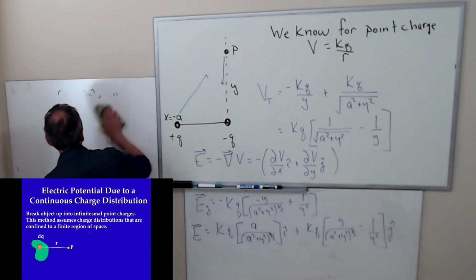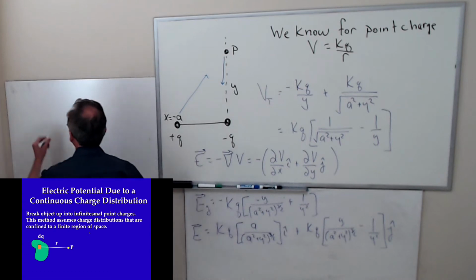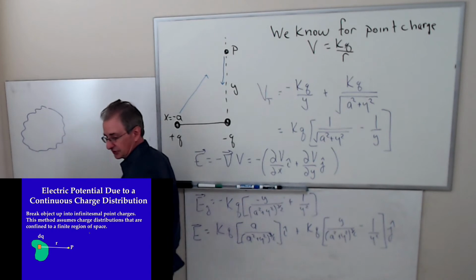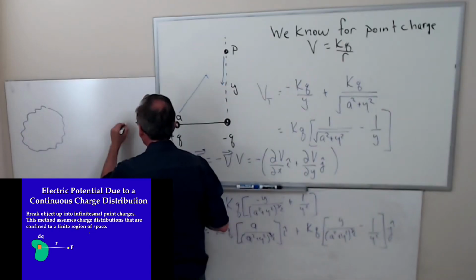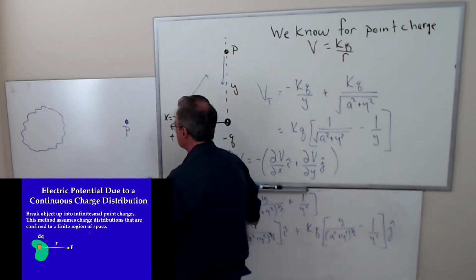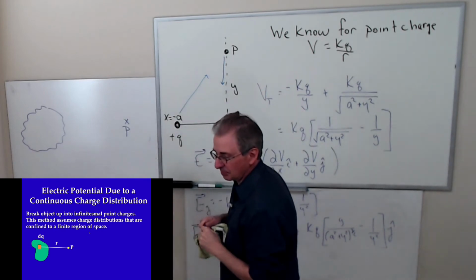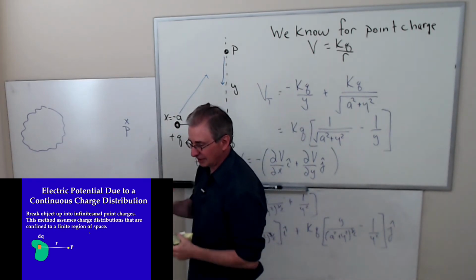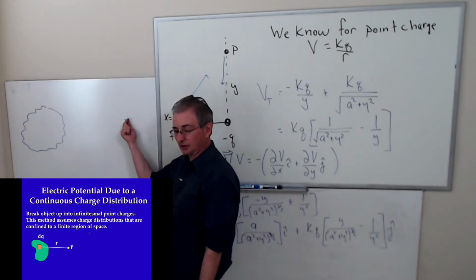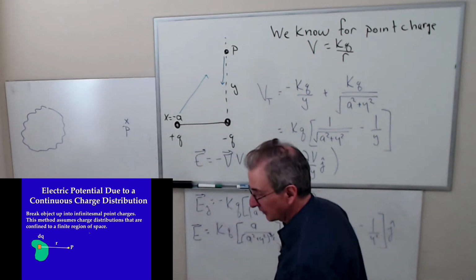So if I have a continuous distribution of charge, about a week and a half ago, I drew a similar picture like this. And I want to calculate the electric potential at that point P. Maybe I should make it a dot. I'll use an X there. That's a location in space, and if I had some device that measured the electrical potential at different regions, I would put it at this point and see what the device read. Okay.